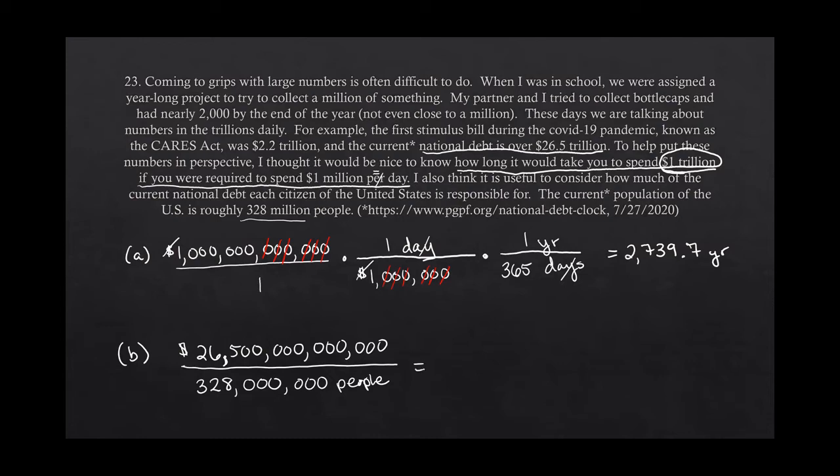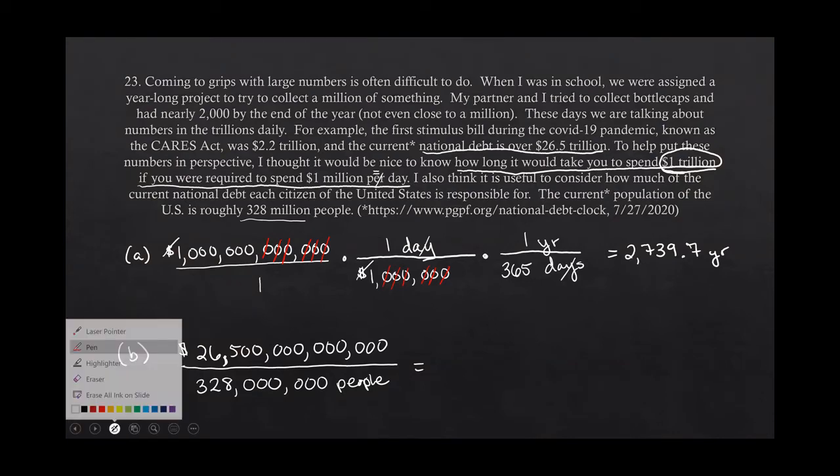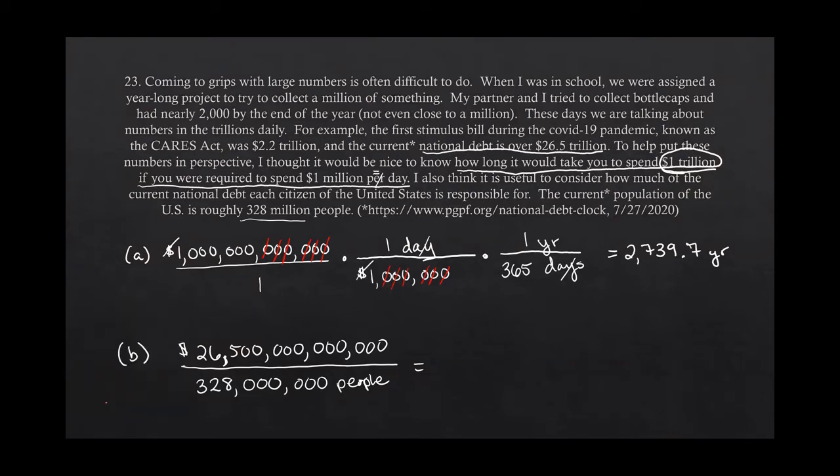This is why I said some of them actually aren't super difficult in terms of computation, but knowing what to do can be a little bit tricky. All right, so same trick as before though. If you want help with your calculator, you do have those 6 zeros at the end of each of these numbers at least. So we can get rid of 6, top and bottom, to make typing this in nicer.